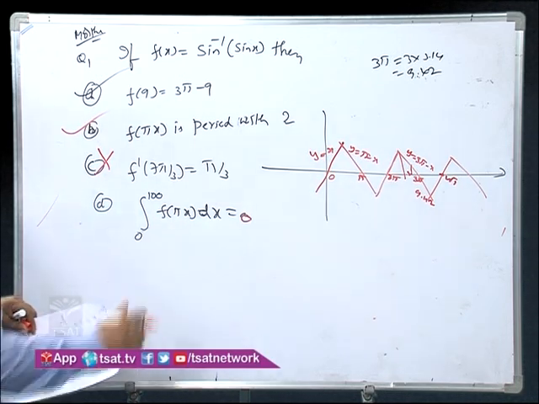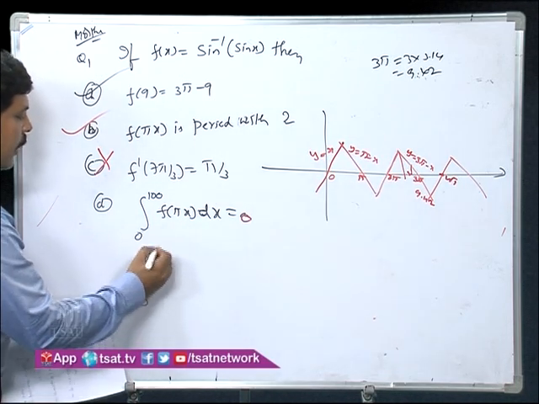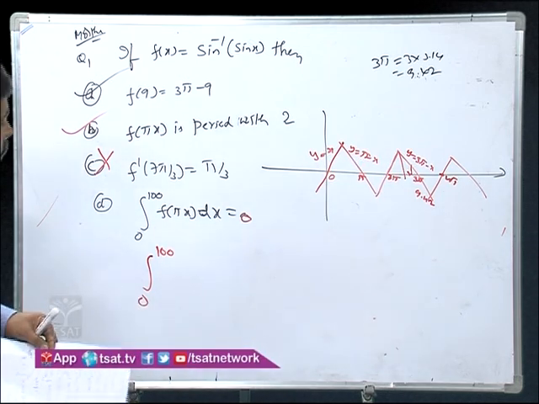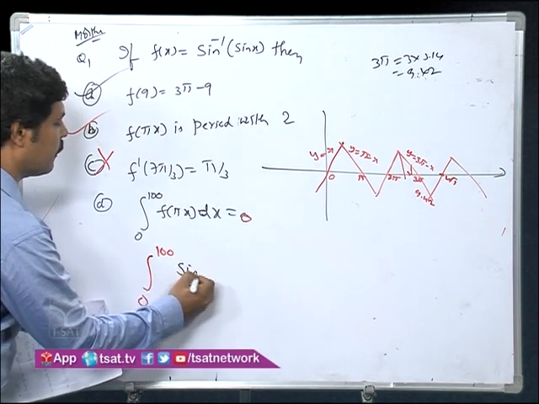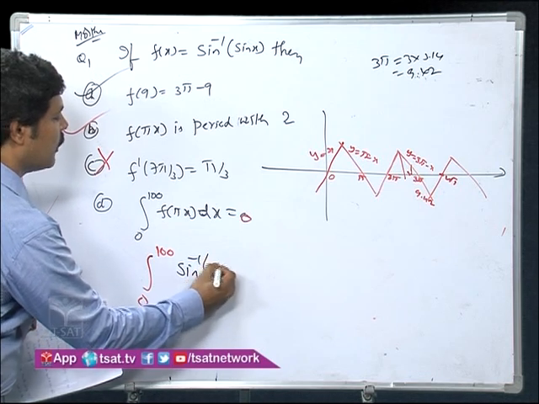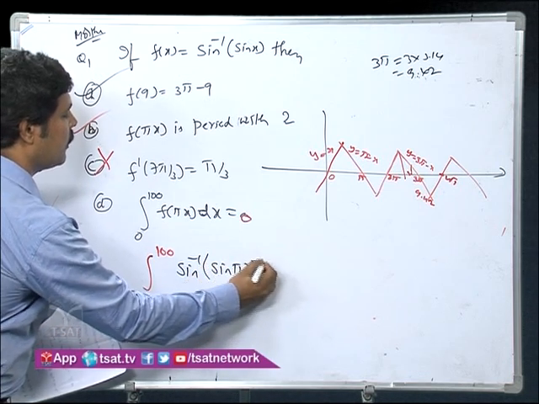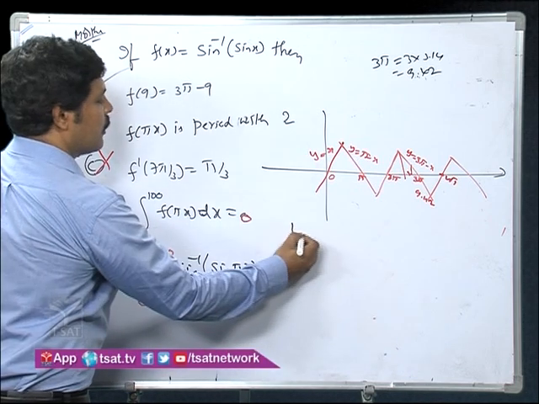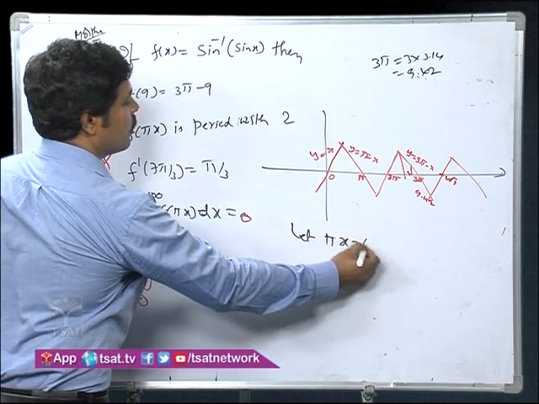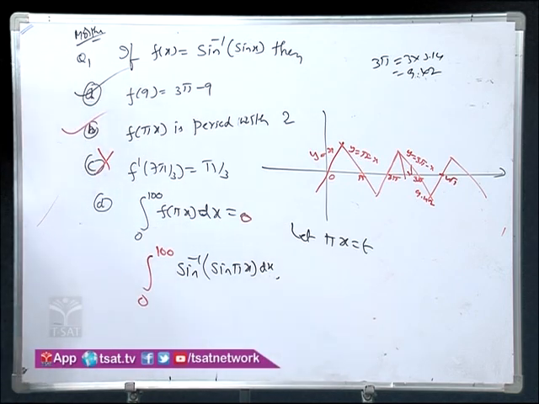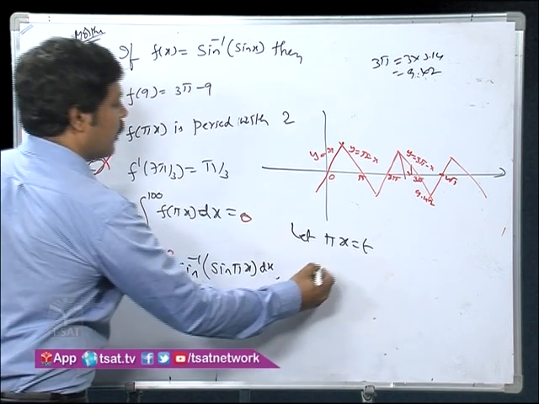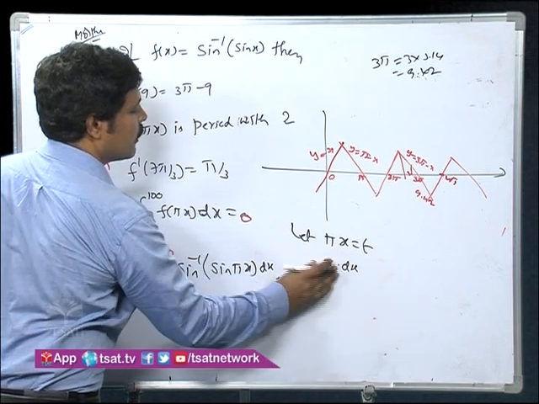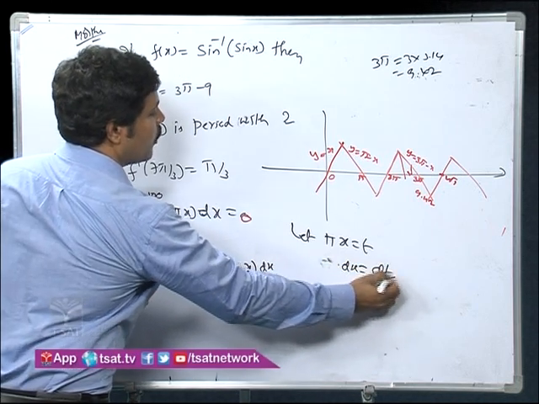Here the function is integral 0 to 100 of f of pi x, that means sin inverse of sin pi x dx. For this we let pi x equal to t, then dx is equal to dt by pi.